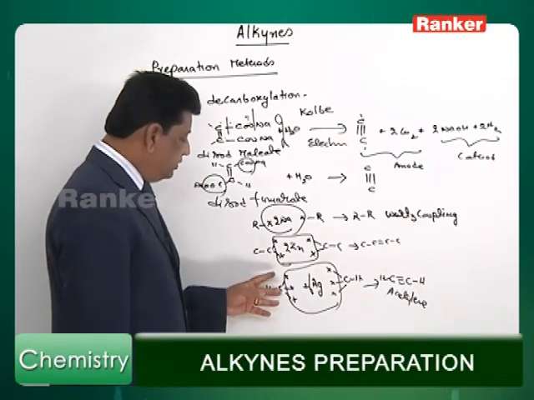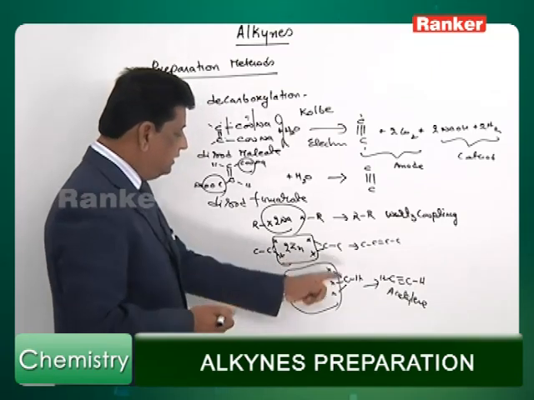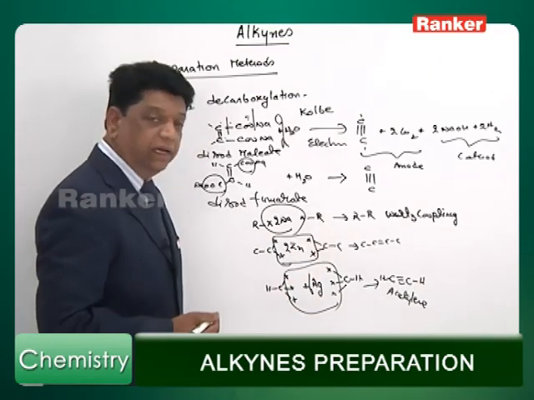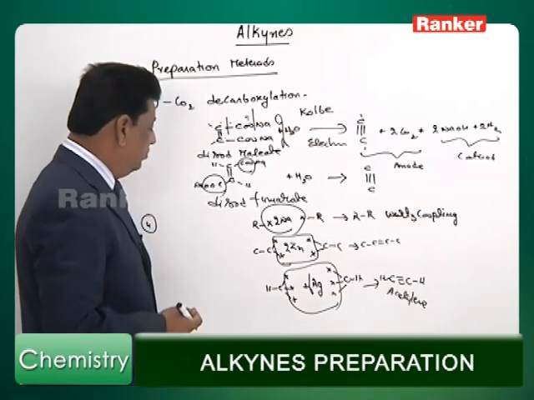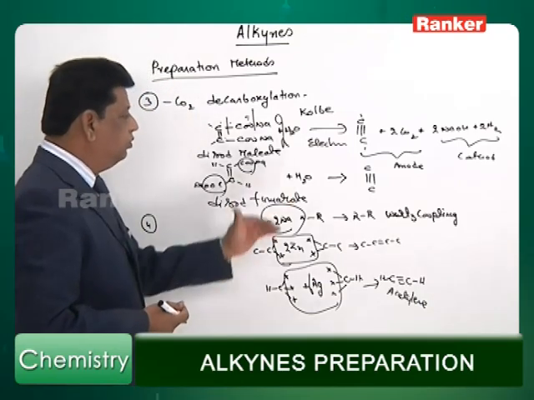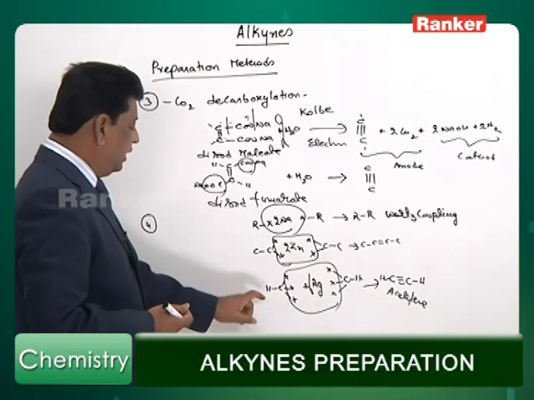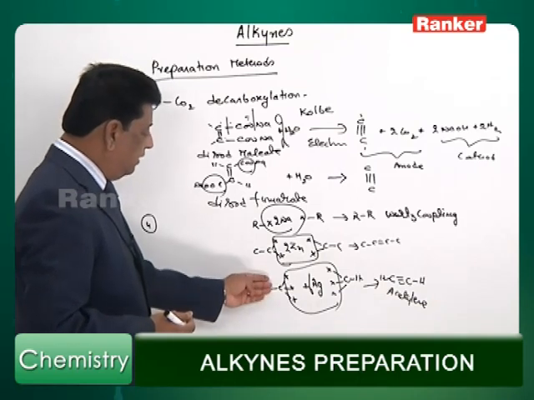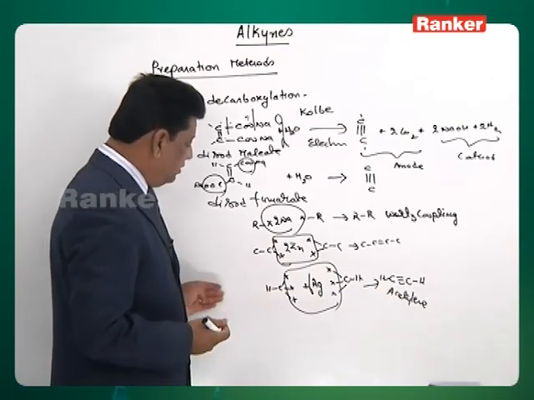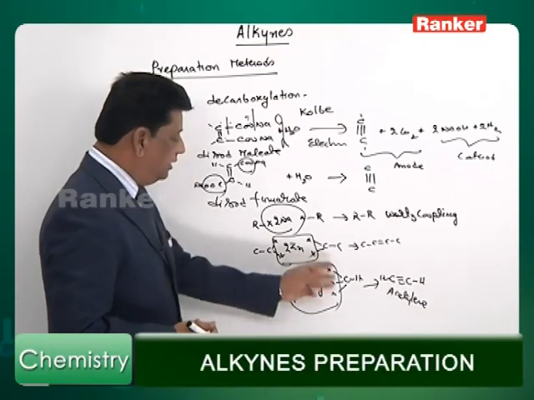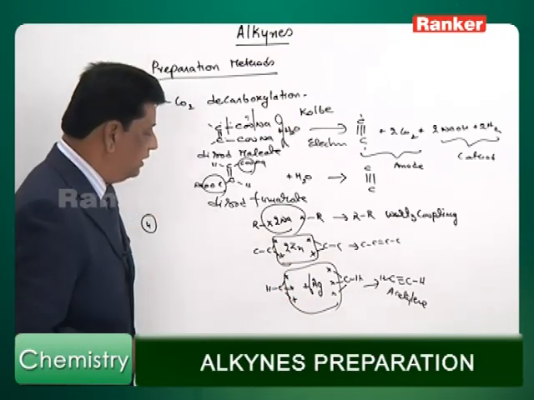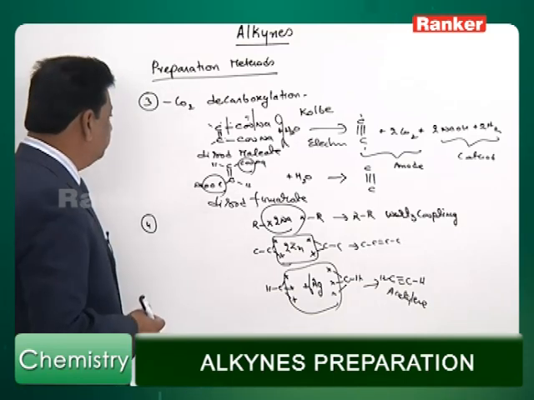Now, here also 3 halogens are there, all these 3 halogens are eliminated, and you will get an acetylene type of compound. It is an extension of the Wood's coupling reaction, but in this particular case you can have an R group or a little longer chain having a terminal trihalo, which can also be extended for alkyne preparation.